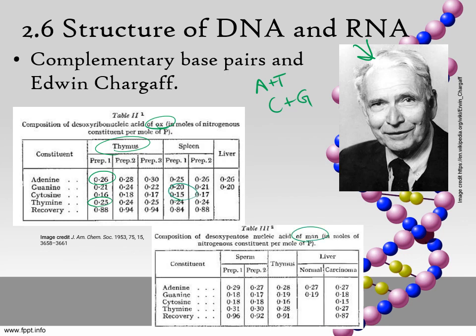Same thing when he looked at man: pretty equal-ish numbers of adenine and thymine, equal numbers of guanine and cytosine. This led him to figure out, must be that A's and T's pair together, C's and G's pair together, because we had those equal-ish percentages in all these different tissue types.